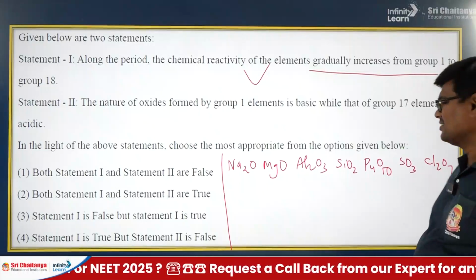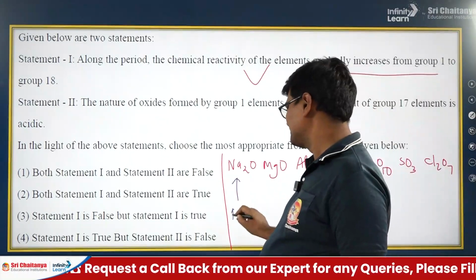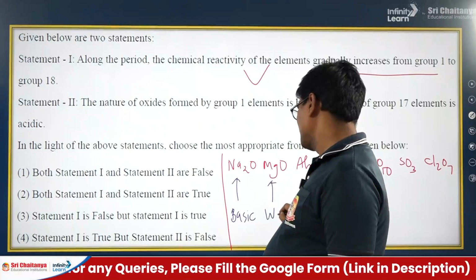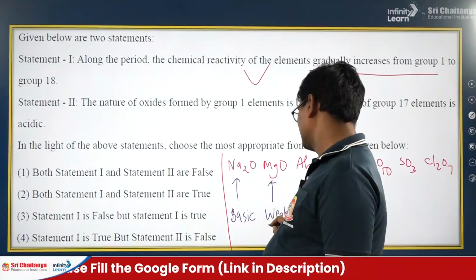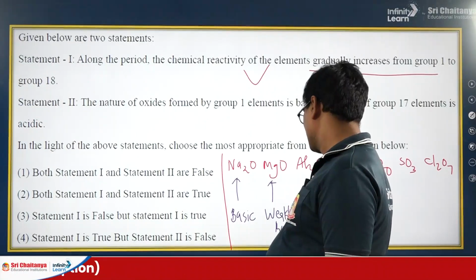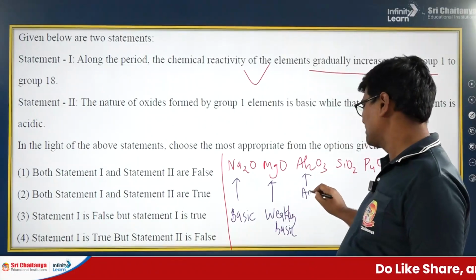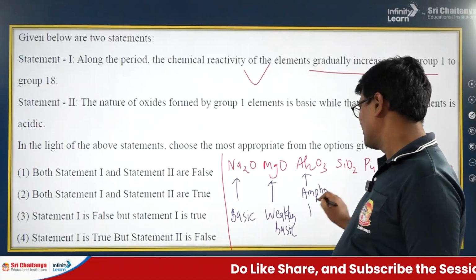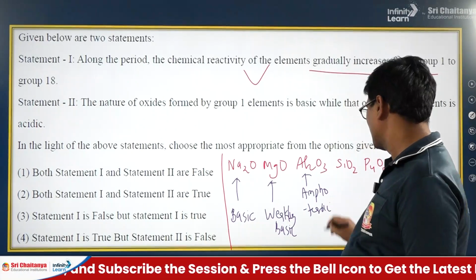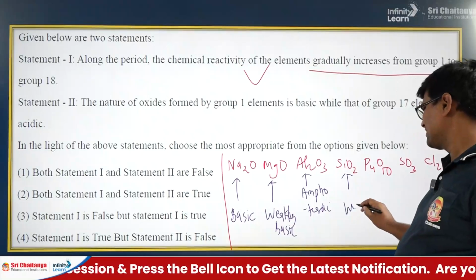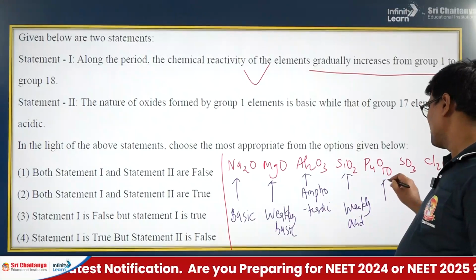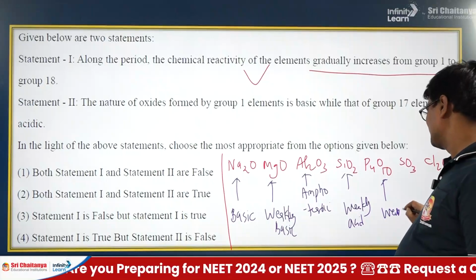Let me explain. Na2O is strongly basic. MgO is weakly basic. Al2O3 is in fact amphoteric. SiO2 is weakly acidic, and P4O10 also weakly acidic.